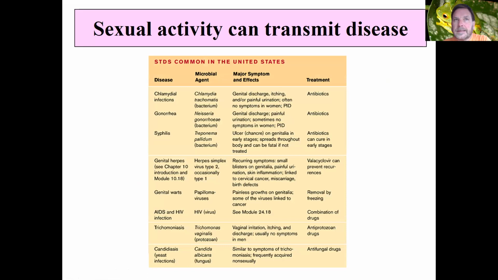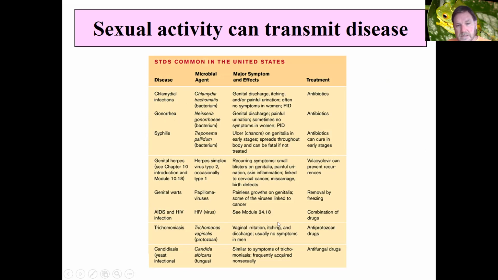Now, one thing about being sexually active: if you're sexually active with people that might be infected with disease, you could get them too. All of these things that you probably have heard of include gonorrhea and syphilis. These are problems that can be treated with antibiotics.